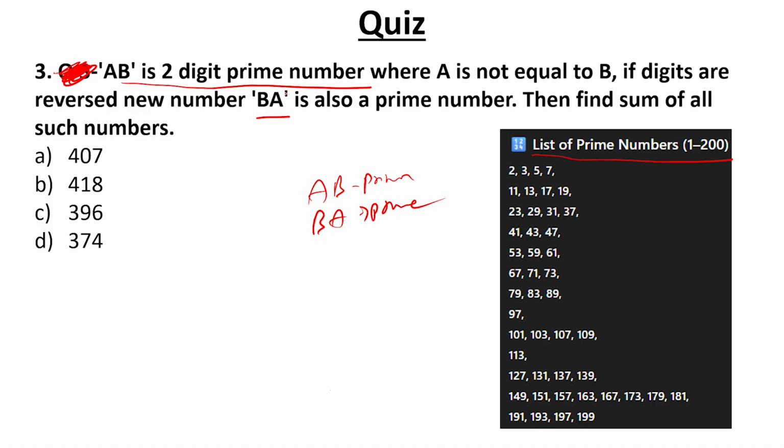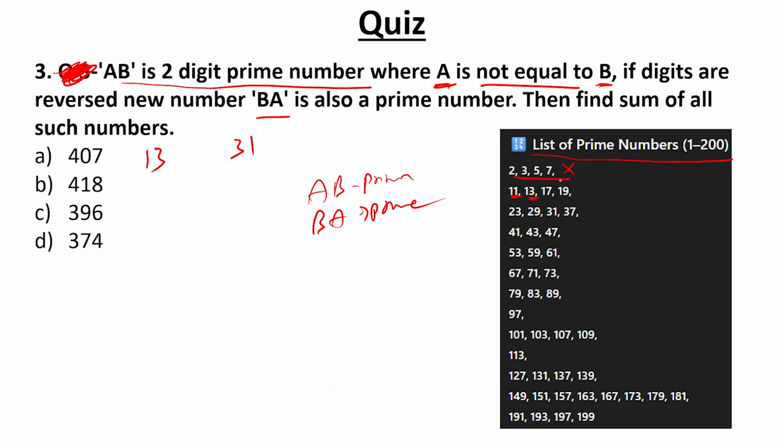Here, single digits can never work. 11 also does not satisfy because A is not equal to B, so 11 won't work. Here 13, which reversed is 31. 31 is also a prime number.